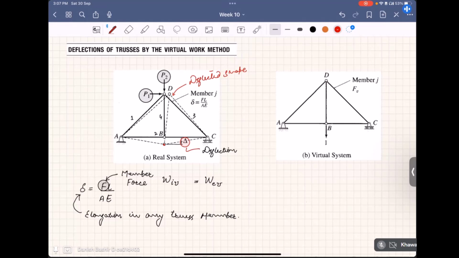So this deflection happens in a real system. For the same truss configuration, we will draw a virtual system or a fictitious system like this.